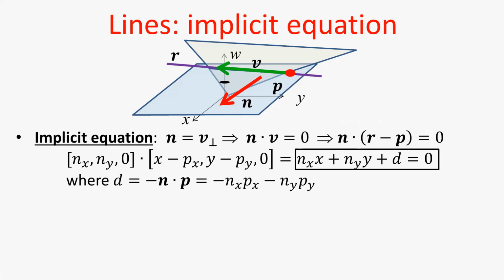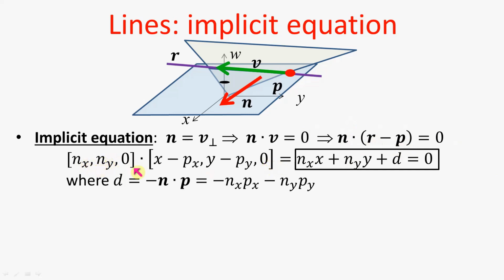This equation can also be expressed in coordinates. As n is a vector of our Euclidean geometry, its extra component is 0. R minus p is also a vector because both R and p are points, so in the vector the third coordinate is 0 again.